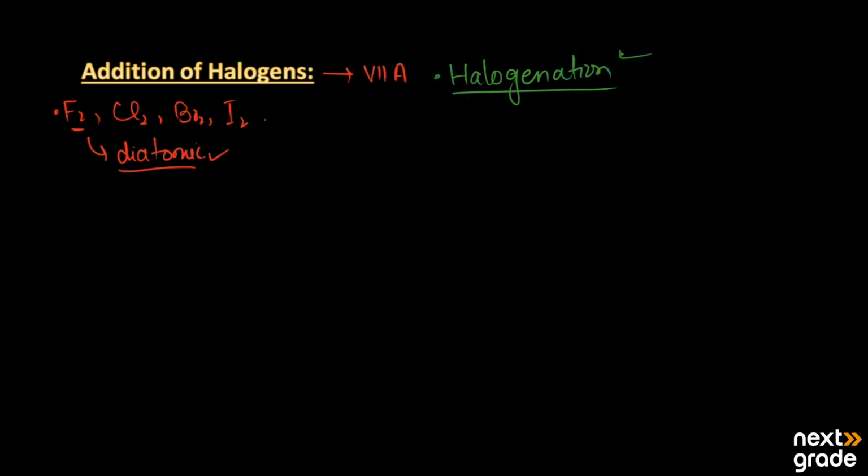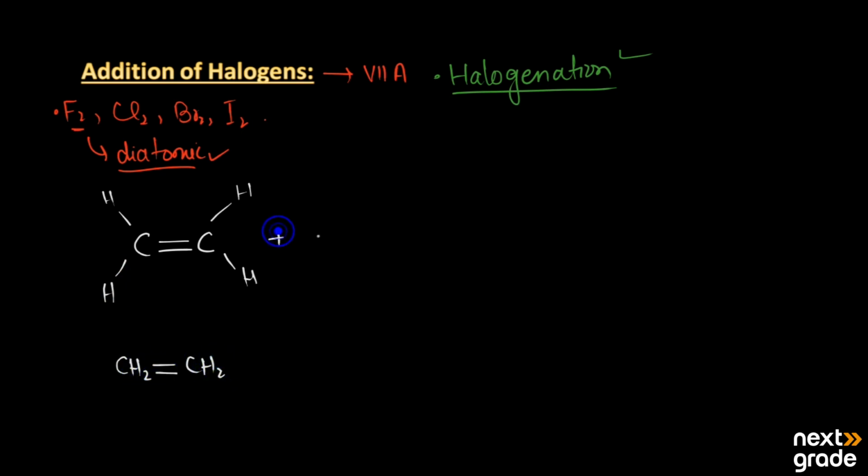So halogenation will take place likewise if we are having a chemical reaction. A simple alkene we have is ethene, CH2 and CH2. I'm going to write its condensed formula, CH2=CH2.